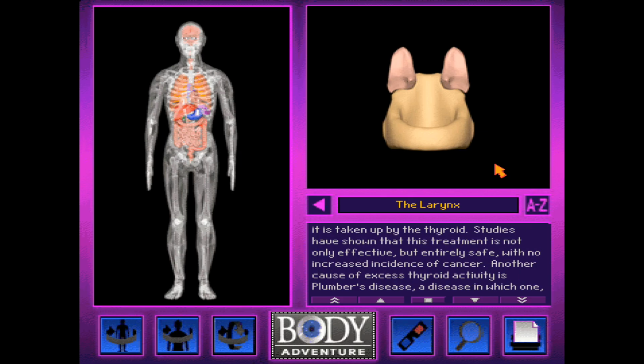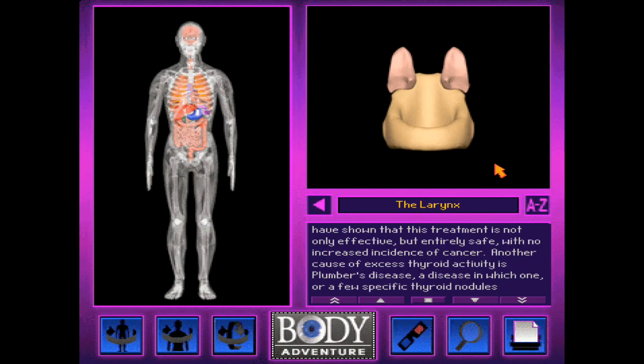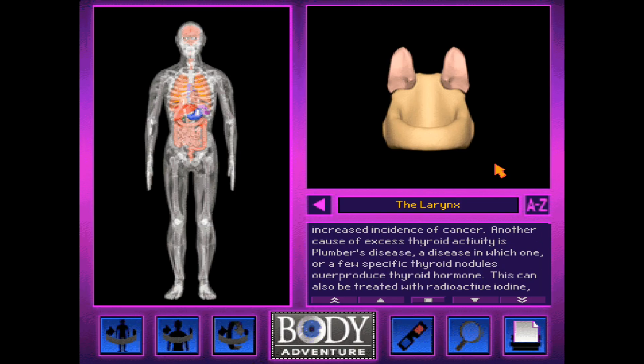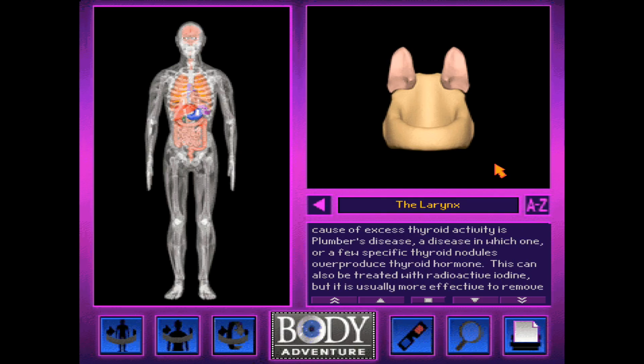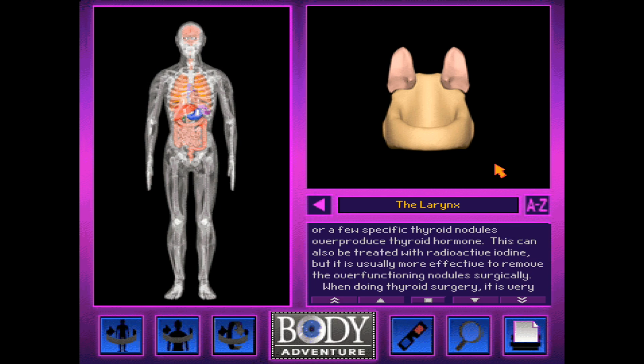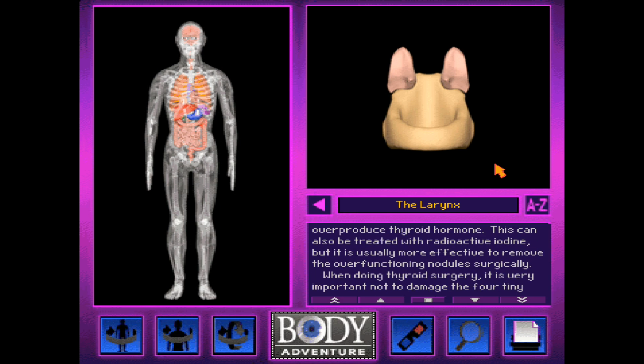Another cause of excess thyroid activity is Plummer's disease, a disease in which one or a few specific thyroid nodules overproduce thyroid hormone. This can also be treated with radioactive iodine, but it is usually more effective to remove the overfunctioning nodules surgically.